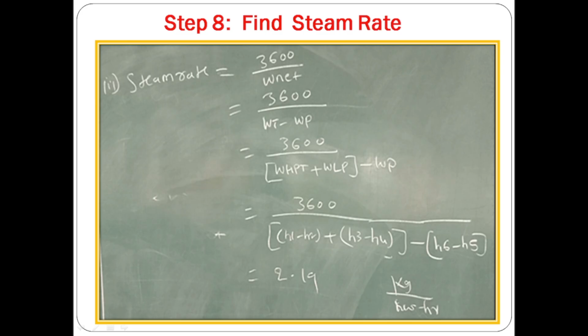Already I have discussed how to write the enthalpies. WHPT is H1 minus H2, plus WLPT is H3 minus H4, minus pump work H6 minus H5. Substituting all the values as given in the previous slide, we get the value 2.19 kg per kilowatt hour.